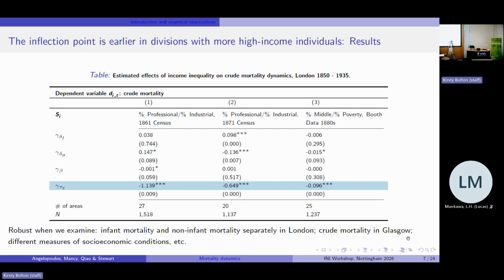And that works out whether we look at the percentage professional over percentage industrial or various different measures of socioeconomic conditions and at different points in time, but also for infant mortality, non-infant mortality, in London and in Glasgow, etc. So what we saw intuitively in the pictures is borne out statistically.